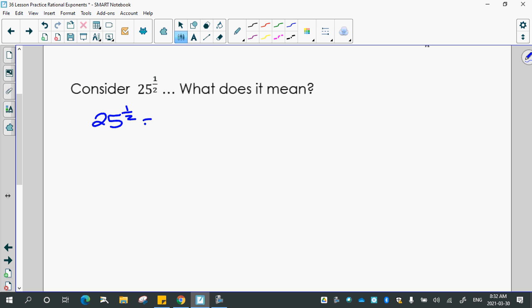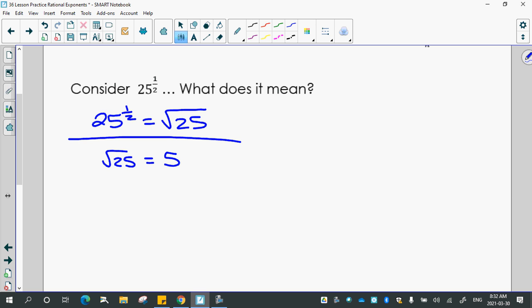So 25 to the 1/2 does mean the square root of 25. This is an exponent, so make sure it looks like a little exponent there. So why is that true? Well, we know that the square root of 25 is equal to 5.